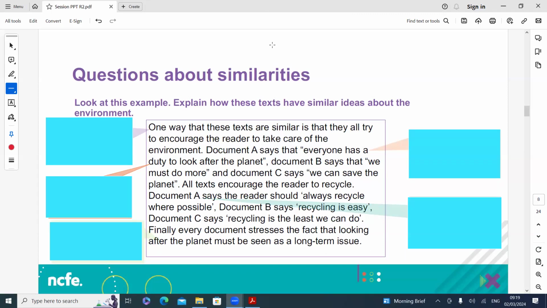So can anybody tell me anything that they notice? Anything at all that you notice? Everyone's on mute, just to cut out the background noise, so you'll need to unmute yourself to answer.